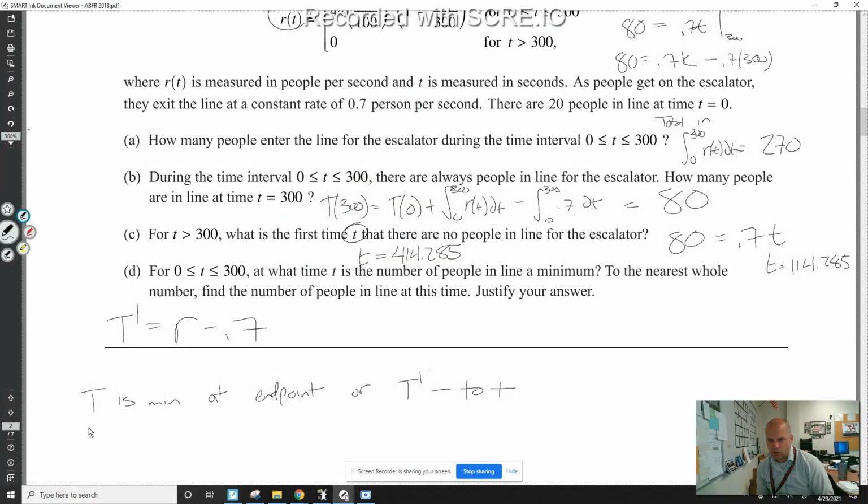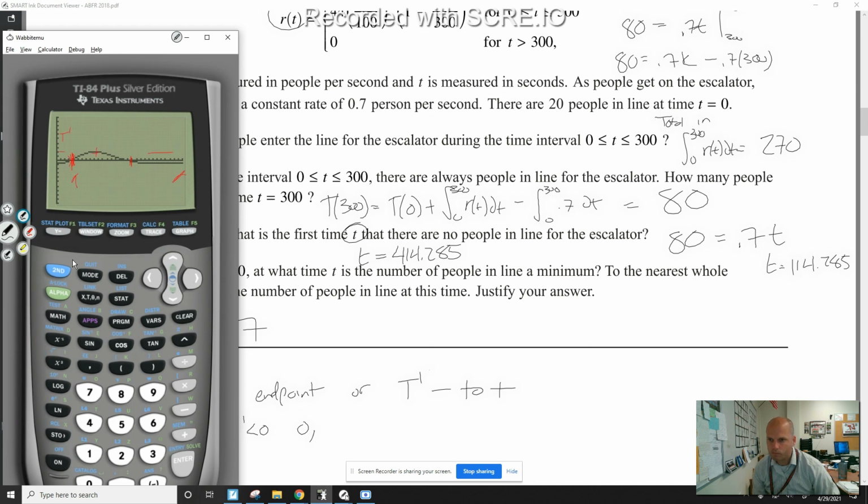You have to exclude T of 0 as the min because T prime is negative from 0 to this intersection, 33.013.